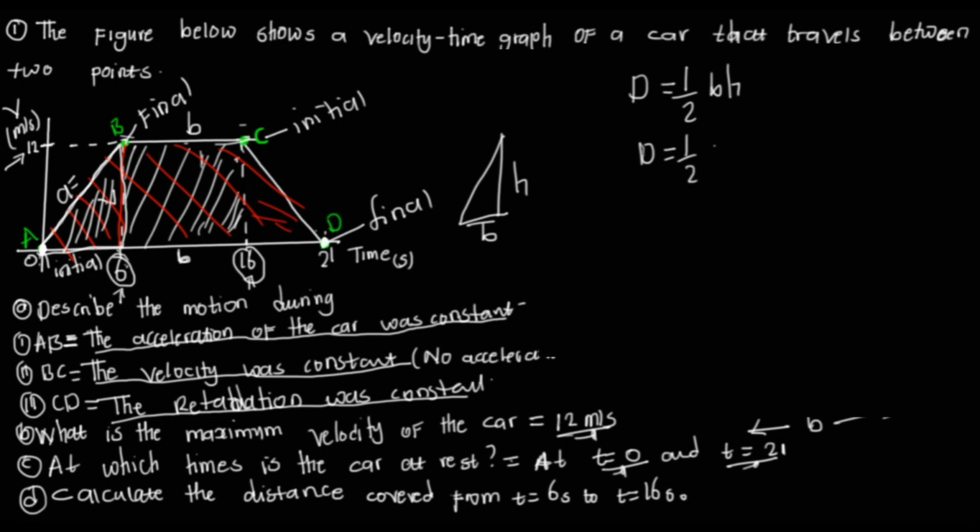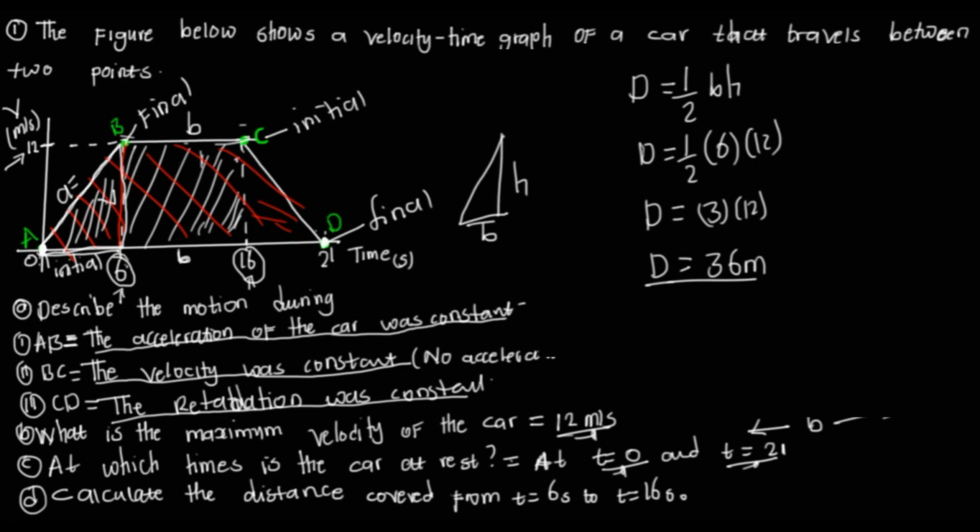You can see that the base is 6, the height is 12, so the distance is half of 6, which is 3, times 12, which is 36 meters. So the car traveled from point A to B, covering a distance of 36 meters.